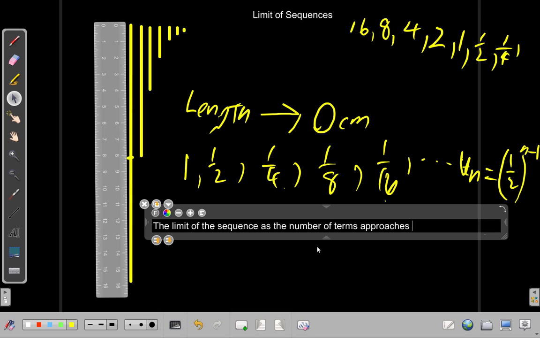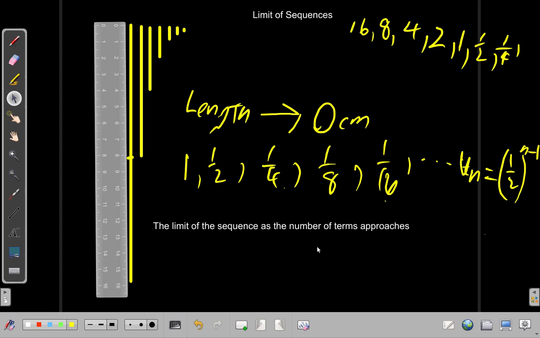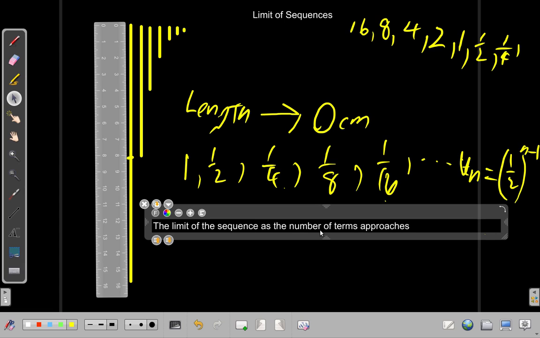approaches. Now, the thing is, the number of terms is really the position of the term, alright? The number of terms, not the total number, because this doesn't give you a specific number of terms. It's the position of the term.